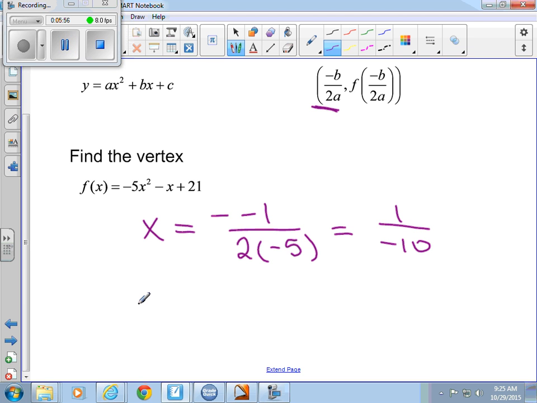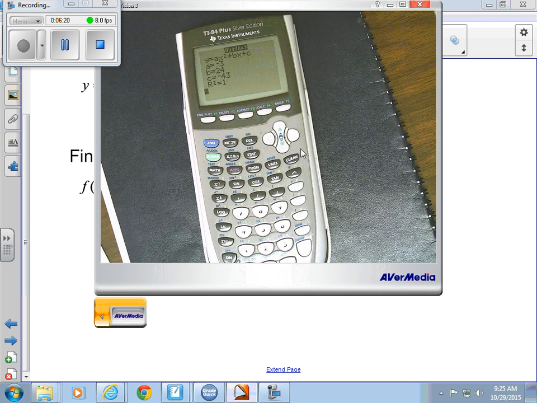Plug it in. Okay, right? We've got to plug it in. So if I want to know a y value, wouldn't you plug in the negative 1/10? That's what f of negative b over 2a means. It means plug it in. You can do that in your calculator or you can do it by hand. Since it's negative 1/10, I would probably pick up my calculator to do that, right?